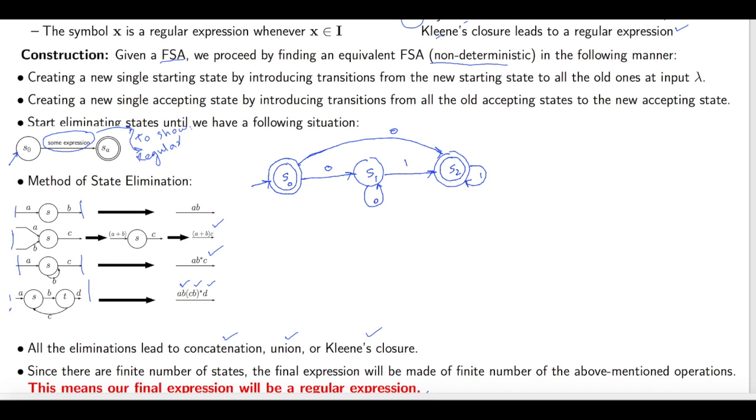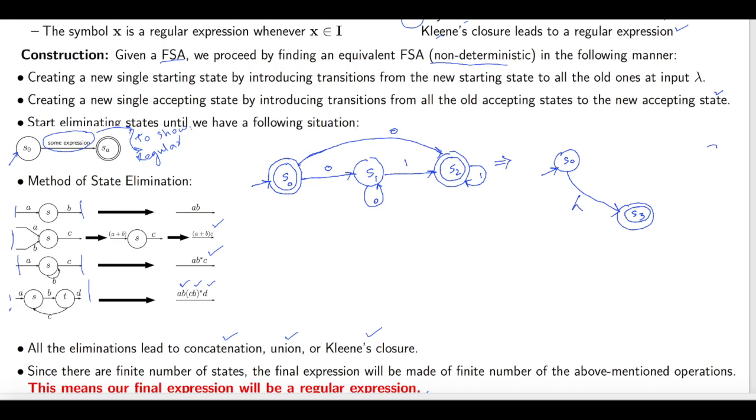So this step tells us that we now want another accepting state. So let me draw it here and I'll call it S3. Okay, and then my S0 is still the starting state, but not anymore the accepting state or final state.